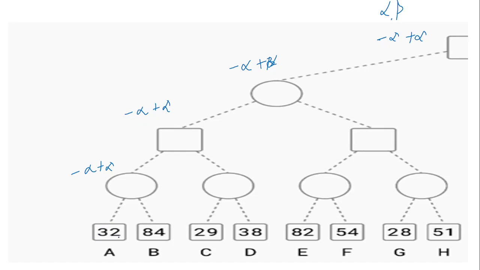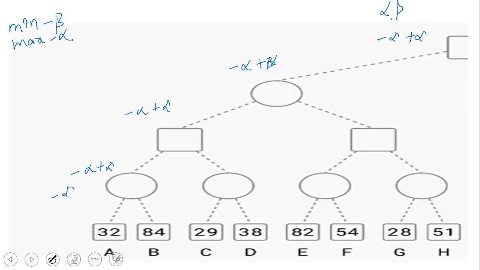Here alpha is minus infinity and beta is plus infinity. Remember, at a minimum node we need to change the beta value, and at a maximum node we need to change the alpha value. Beta is the second value in alpha, beta.